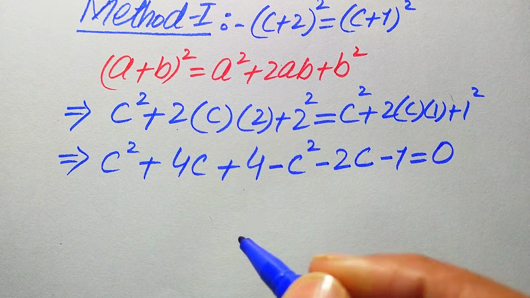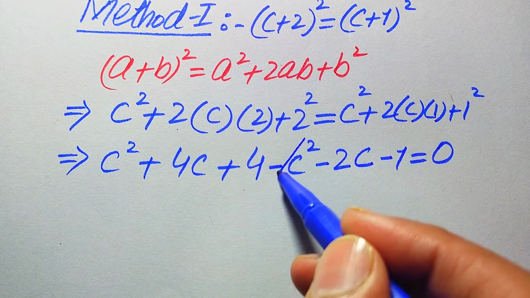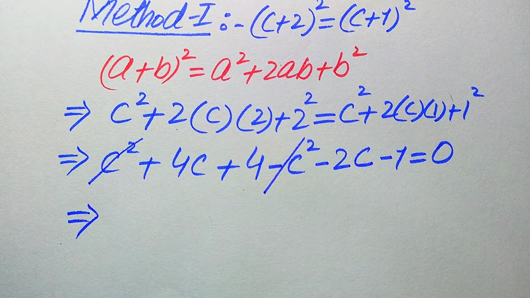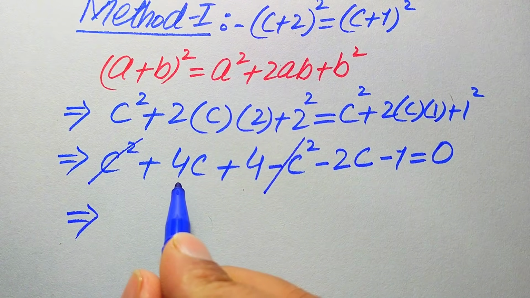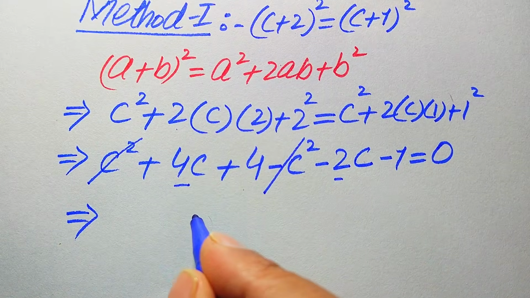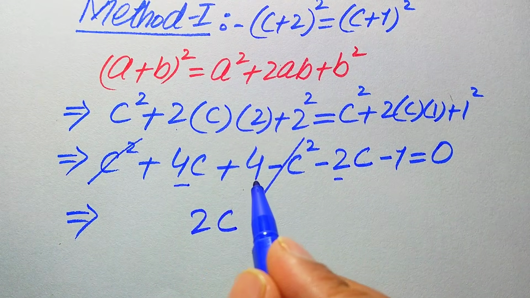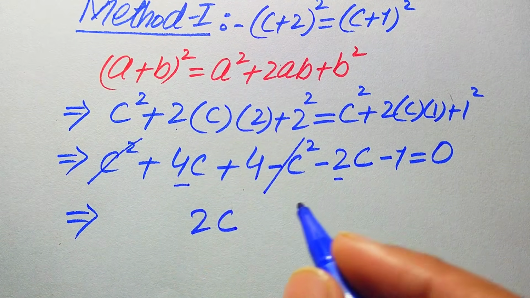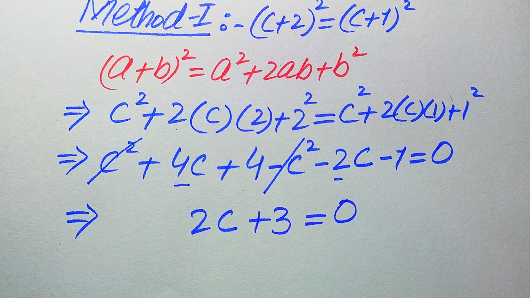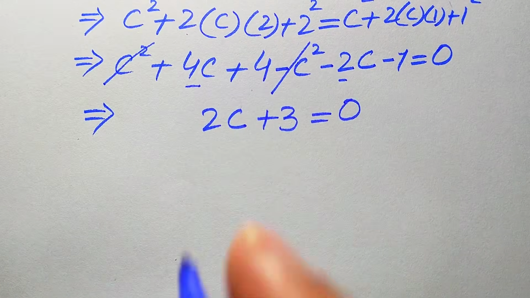In the next step we need more simplification. The minus c squared and the plus c squared cancel out each other, and we obtain 4c minus 2c, which is 2c, and 4 minus 1, which becomes 3, and this whole equation equals 0. Now our target is to find the value of c.